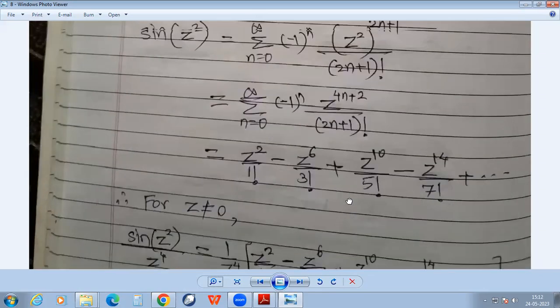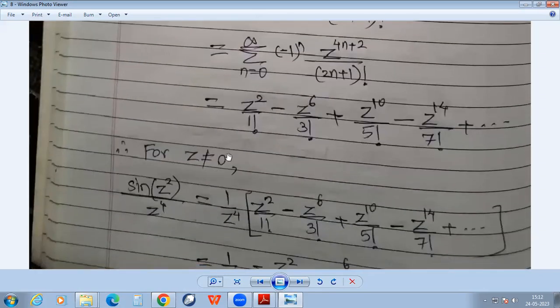Now for non-zero z, we are coming to z not equal to 0, because we are dividing by z. So this series, let us divide by z raised to 4 as the question demands.